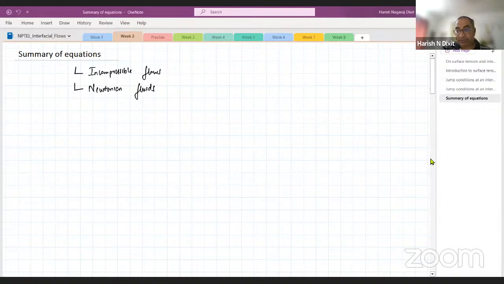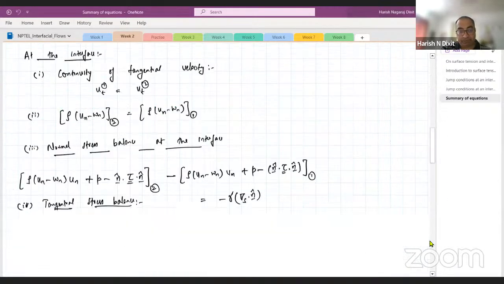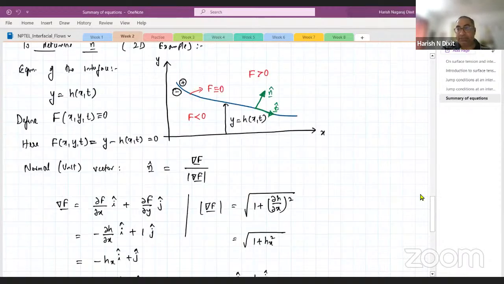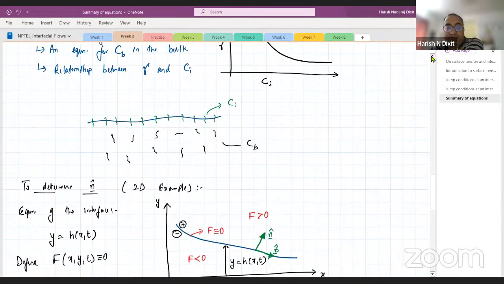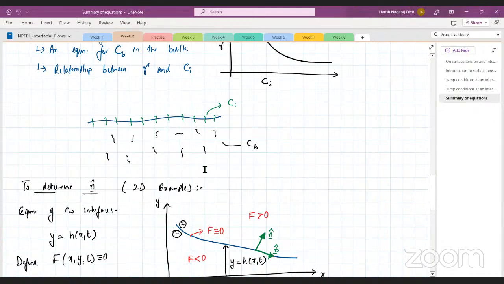If we scroll down on this, here's a system that I'm trying to show. Instead of temperature, let's say surfactants. Are you able to see this, Himanshu? Yes, sir. It is visible.